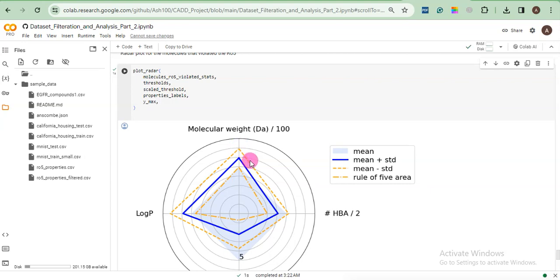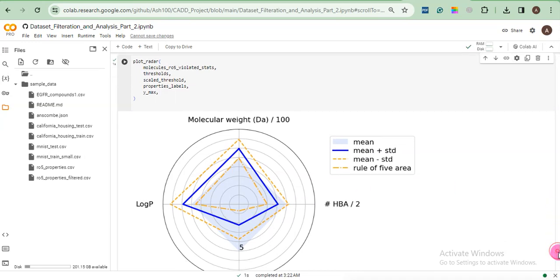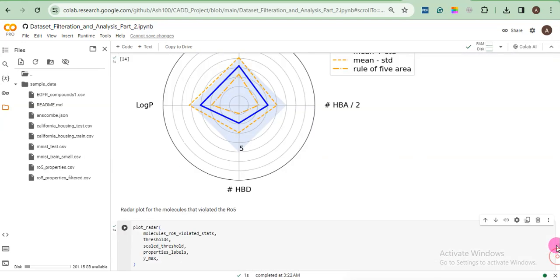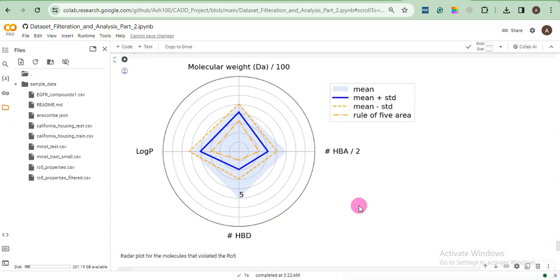The HBA is not too much deviating, and the HBD seems fine. Now you see here, almost all the things are near to this mean, the light blue.